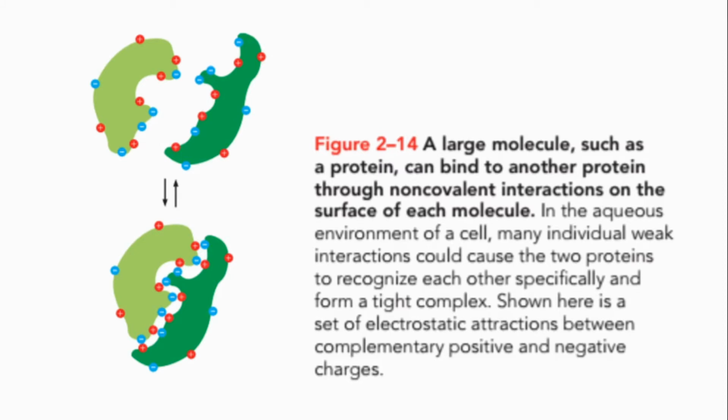A large molecule, such as a protein, can bind to another protein through non-covalent interactions on the surface of each molecule. In the aqueous environment of a cell, many individual weak interactions could cause the two proteins to recognize each other specifically and form a tight complex. Shown here is a set of electrostatic attractions between complementary positive and negative charges.